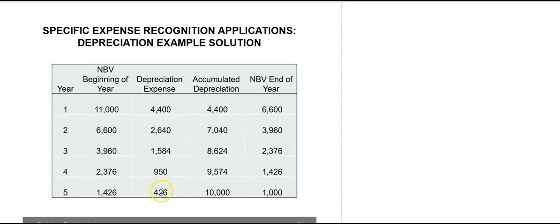That is the balancing amount, because we cannot depreciate the asset beyond $10,000. So we see that this is the amount that we get by deducting 9,574 from 10,000, which is the total depreciable value of the asset, and we are left with 1,000, which is the salvage value we used in calculating the depreciation rate.